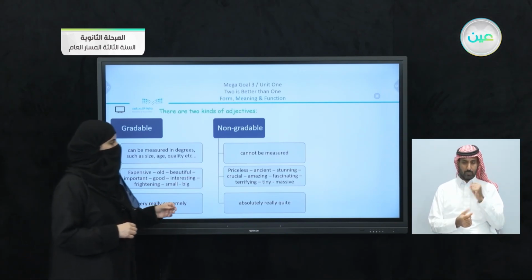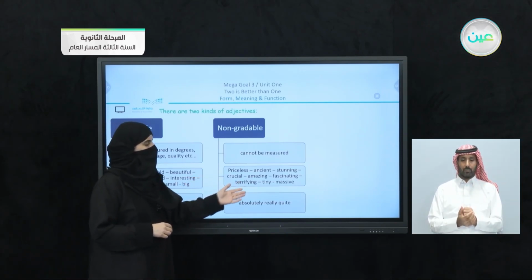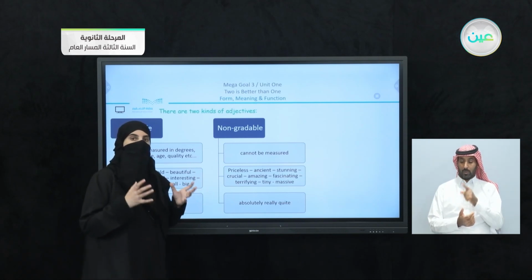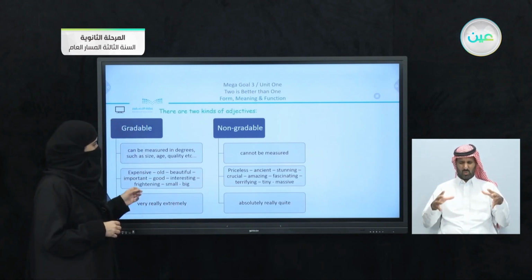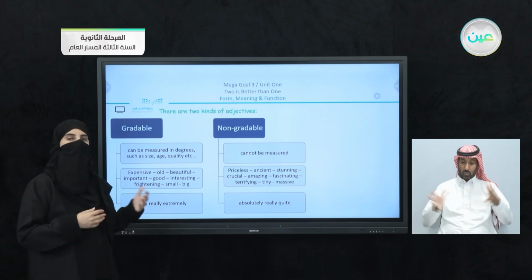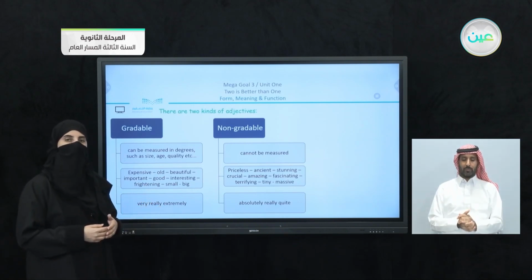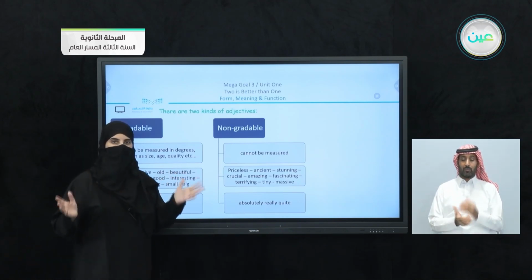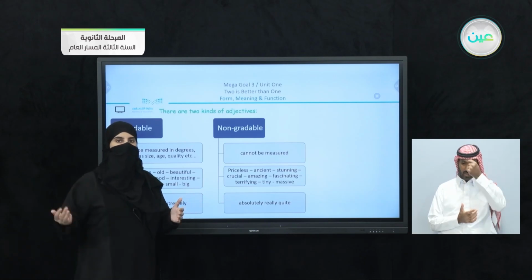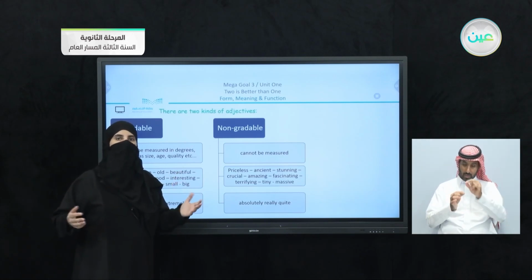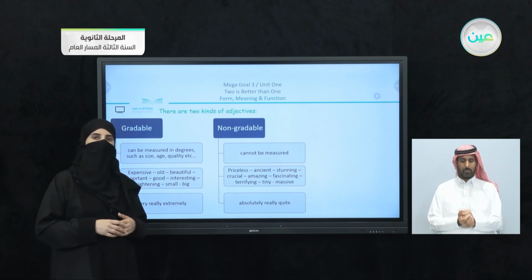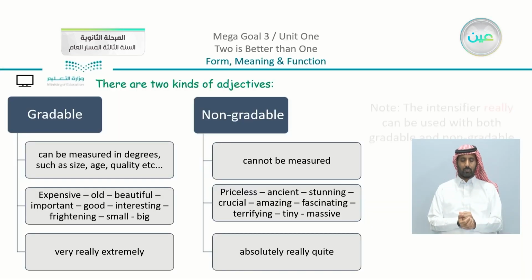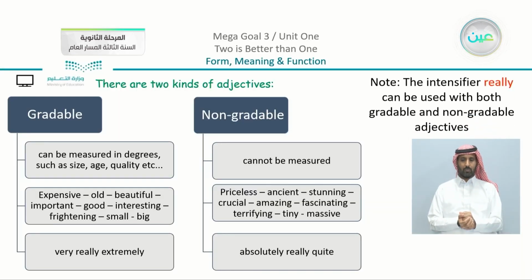I can say that the object is quite massive, but I cannot say quite big. I can say very big, and so on. So now you know that we have different adjectives. Some are gradable, some are non-gradable, and we use different intensifiers with each type. Now note that the intensifier really can be used with both gradable and non-gradable adjectives, as I mentioned before.